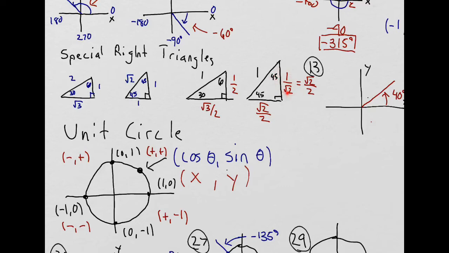That's not standard form though. So when you see your answers in the back of the book, you need to turn it into standard form. So we're going to multiply top and bottom by the square root of 2. And so when you check your answers, instead of 1 over the square root of 2, you'll see square root of 2 over 2. All right, and that's going to be the same for both of these.